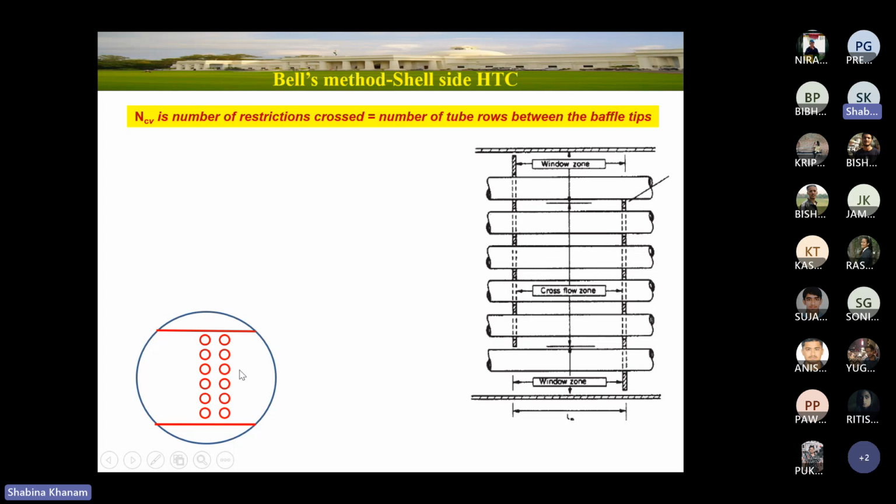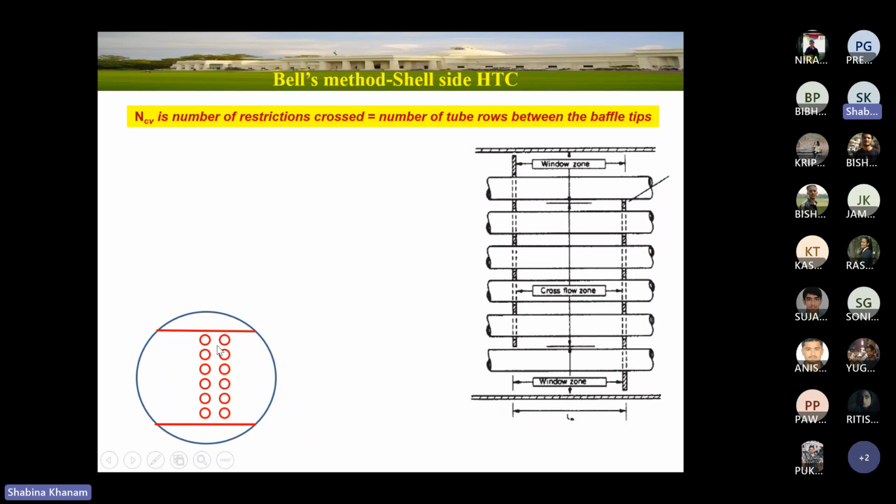When we are considering an ideal tube, you can imagine I am having only a single tube, where no restriction is considered. When fluid is flowing over these tubes, obviously it will hinder the flow over the ideal tube. So to account for this, we need to consider this NCV.